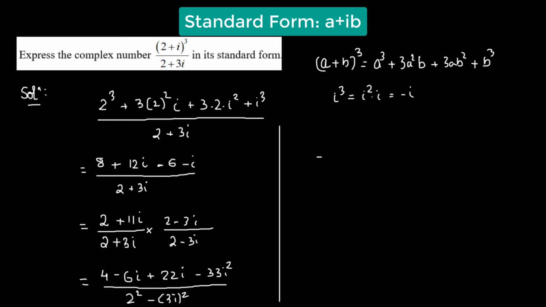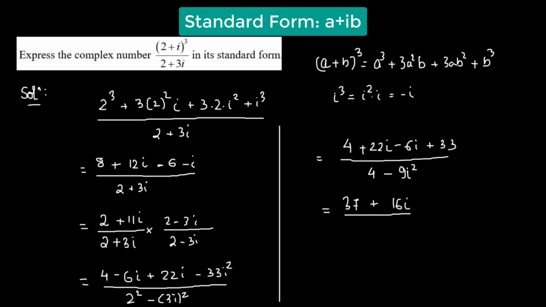So we have 4 minus 6i, so let's write it down as 22i minus 6i, plus 33, since i squared is negative 1, divided by 4 minus 9i squared. 4 plus 33 will be 37, plus 22 minus 6 is going to be 16i, divided by 4 plus 9, which is 13.